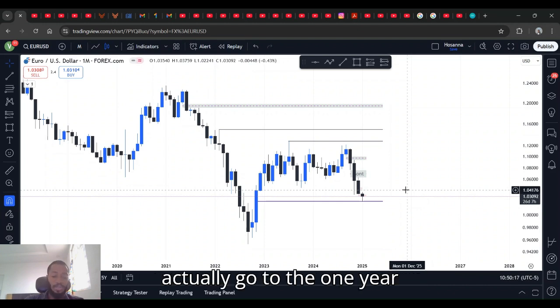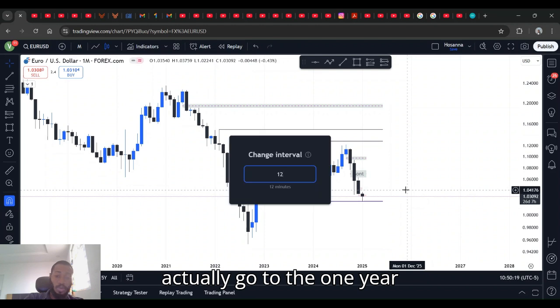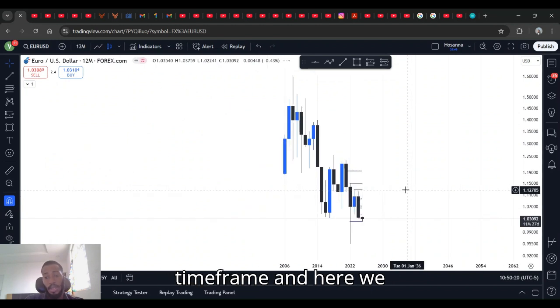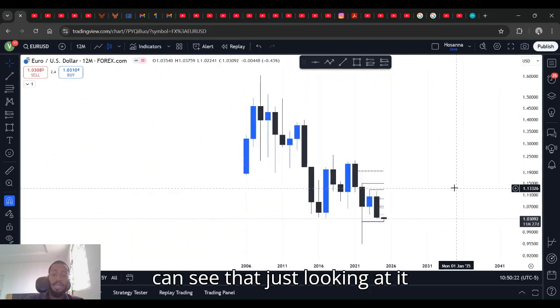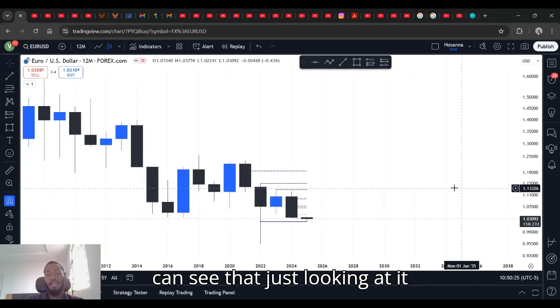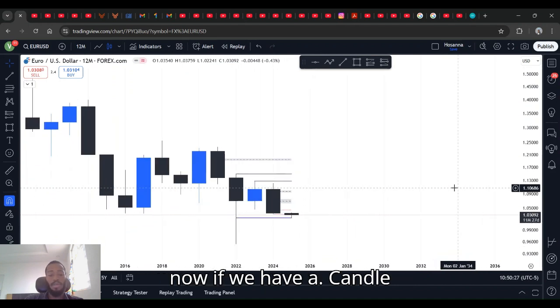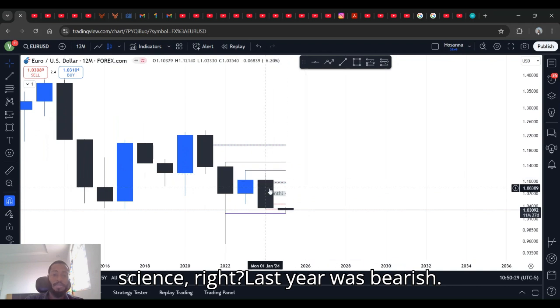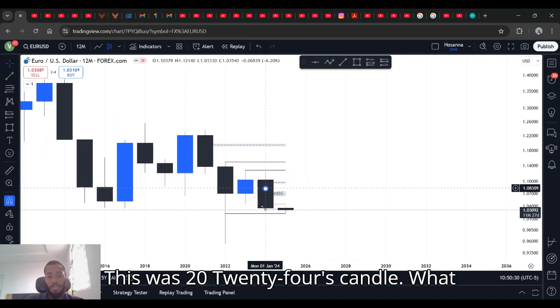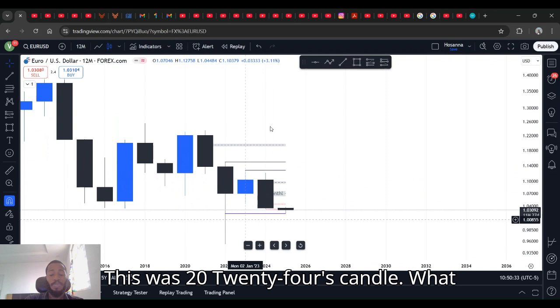So let's actually go to the 1 year time frame, and here we can see that, just looking at it now, if we have a candle science, right? Last year was bearish. This was 2024's candle. What happened?